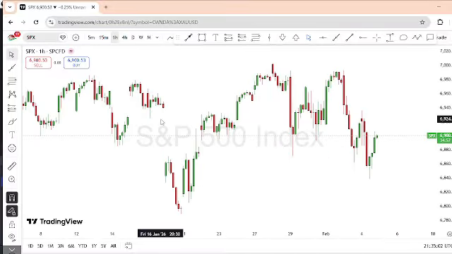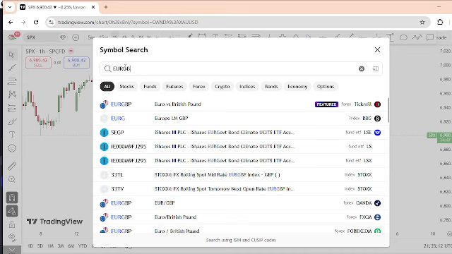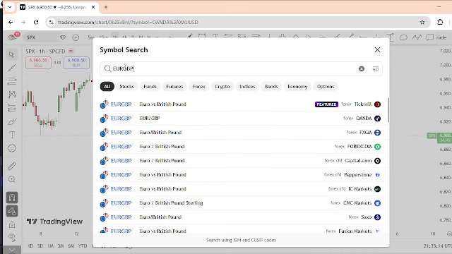Then we have minor currency pairs. Like I showed you before, we have EURGBP. Minor currency pairs are the currencies that do not have USD at all. Major currency pairs must have USD.